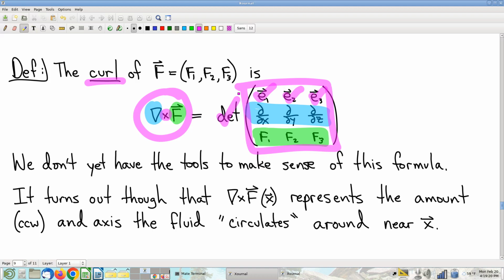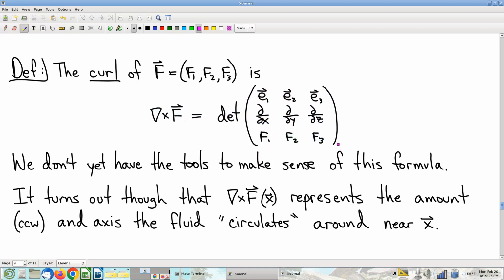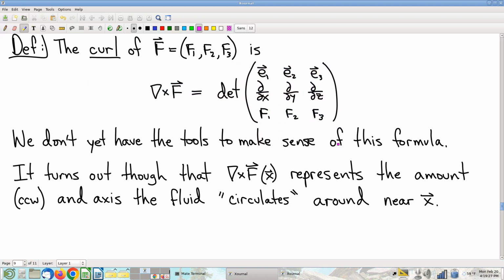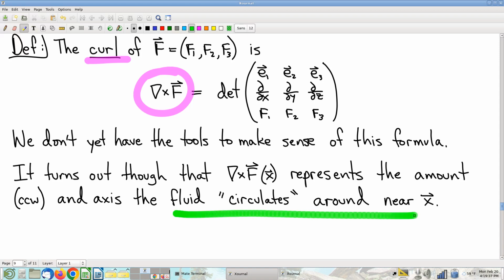Okay. So again, I can't give you any context or motivation for why what I'm about to claim is true, but here's what curl represents. Curl, this thing here, represents, in its own way, a sort of circulation, like a rotation, like this kind of thing, like a tornado, a whirlpool of water, when the fluid is kind of rotating around itself.